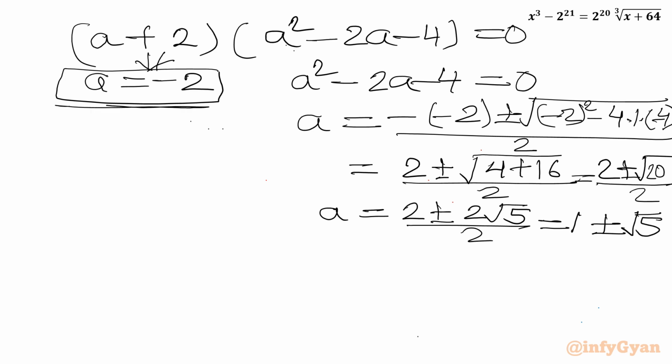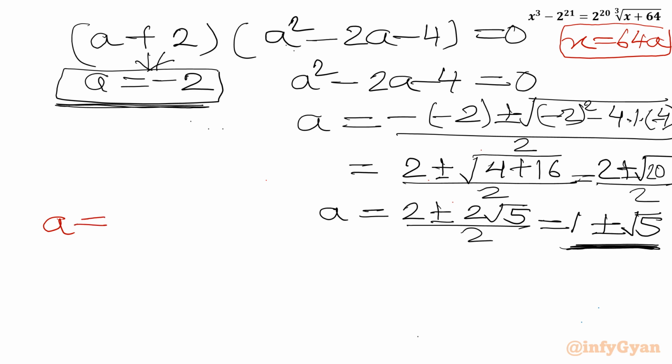So we have three values of a: negative 2 and 1 plus minus square root 5. Now we have to calculate x, and our substitution was x equal to 64a. So I will write first a equal to negative 2 and 1 plus minus square root 5.